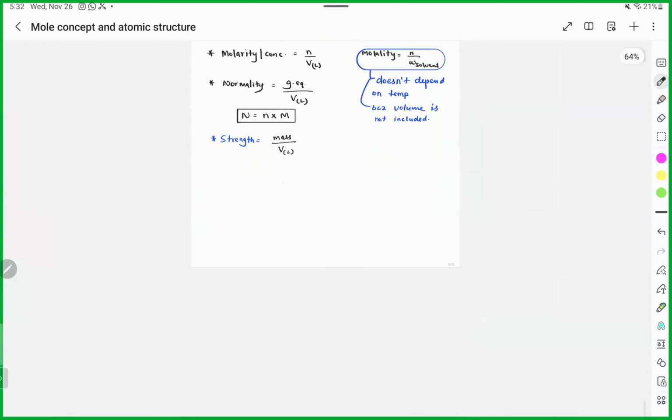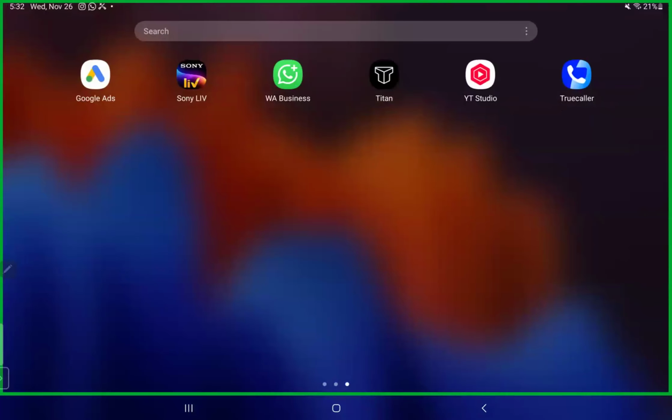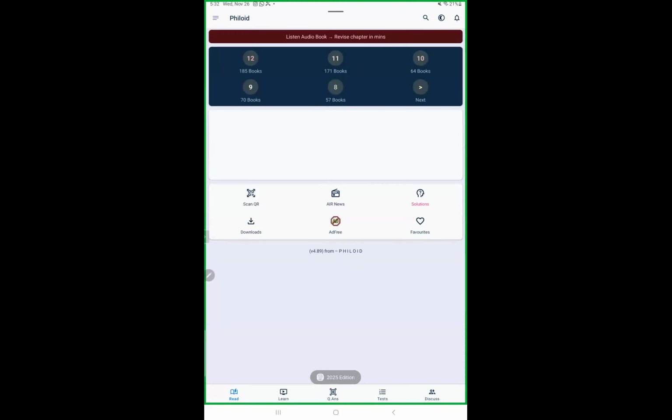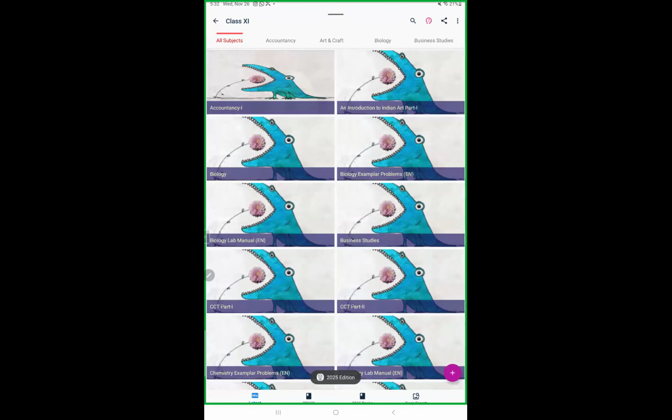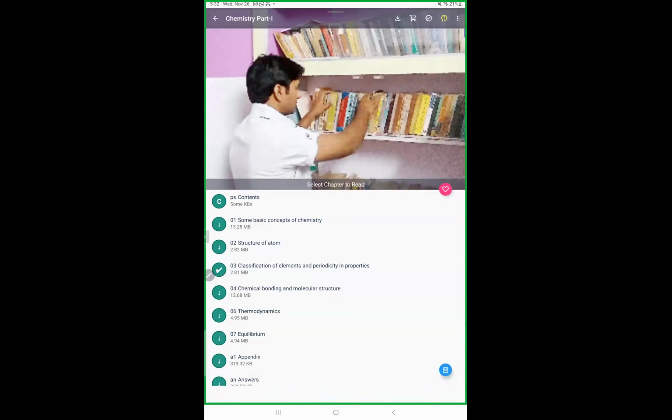And yes, Radhika, ask me your question. NCERT question, no? Chemistry, part 1.